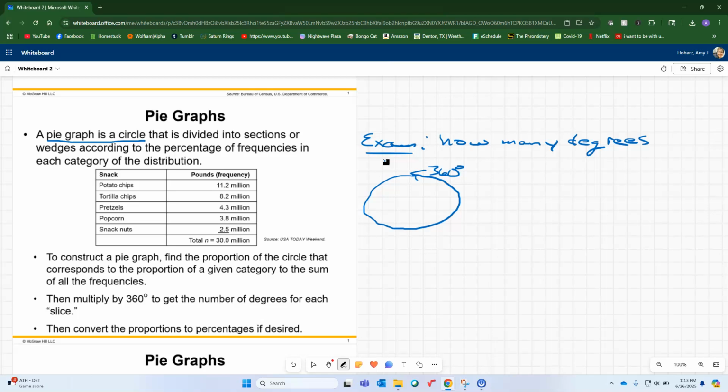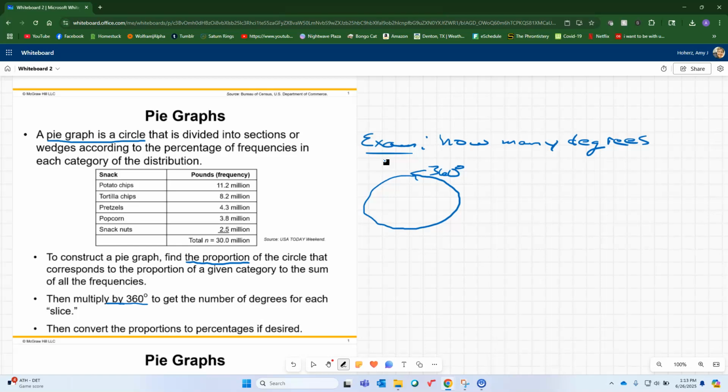So what we do is first we find the proportion of the circle. If we look at, for instance, the potato chips, we're going to do 11.2 million out of 30. And then once we get that, we're going to multiply it by 360 to figure out how many degrees for each slice.